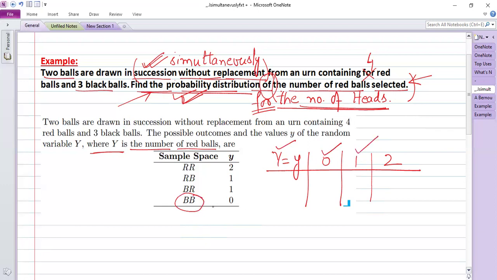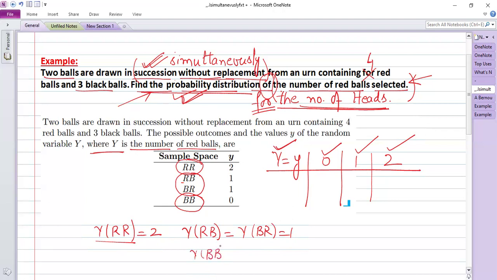It will have value 1 if one ball is black and one is red, because Y is the number of red balls. So the value of Y at RR is 2, the value of Y at RB and at BR is 1, and the value of Y at BB is 0.